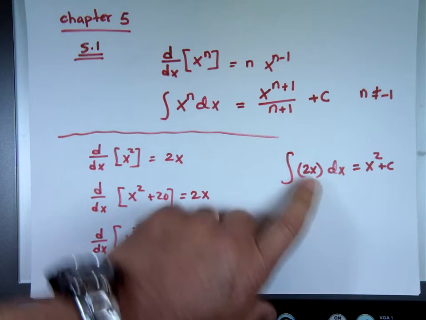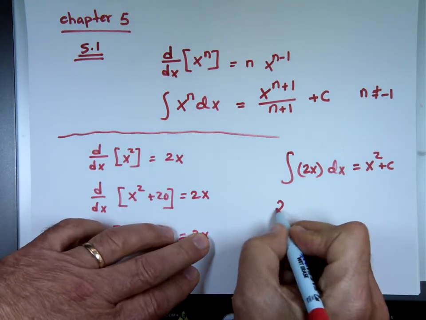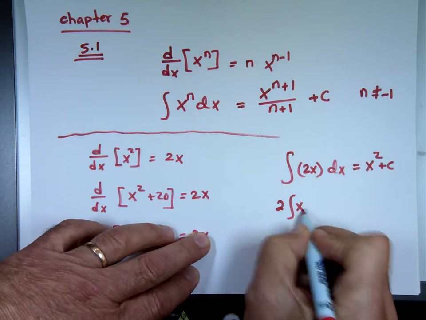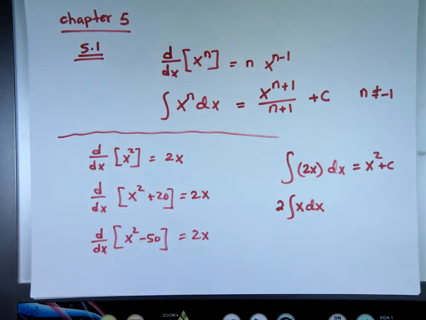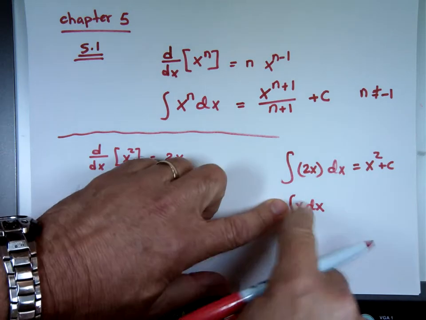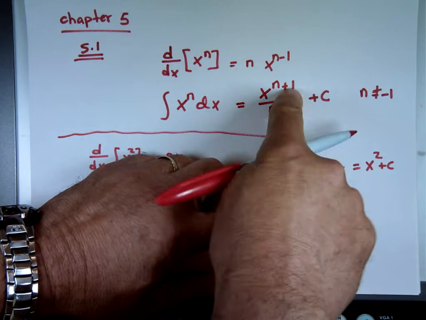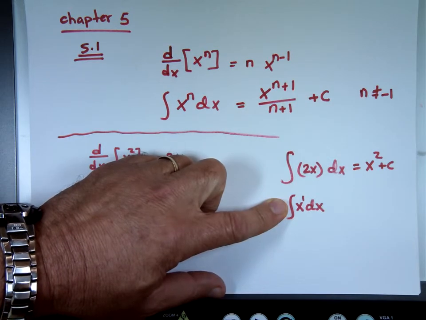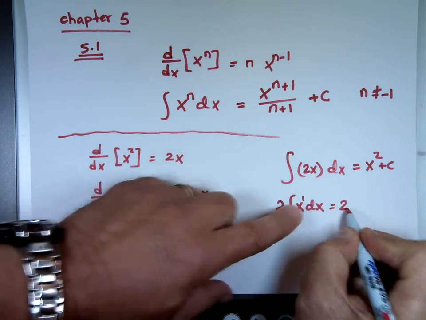Can I really get that answer using that rule? If I take the 2 out, what's left? x dx. And what's the power of x right now? 1. So let's apply that rule: add 1 to the power and divide by the new power. There's the 2 sitting outside. Let's add 1 to the power.